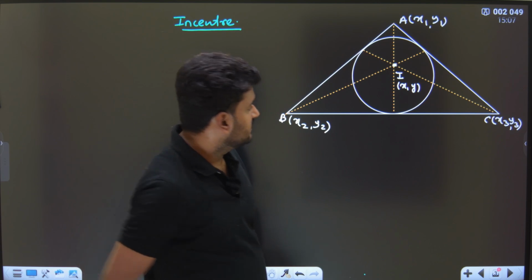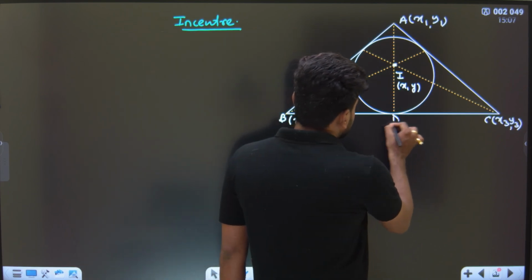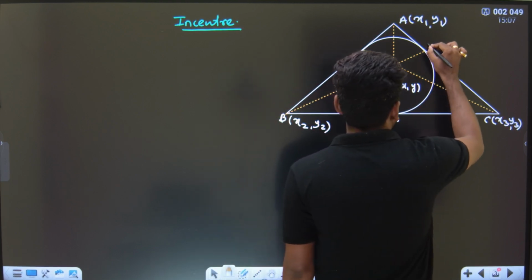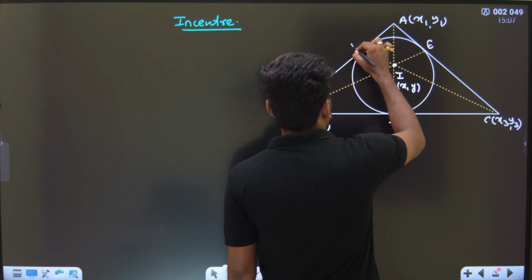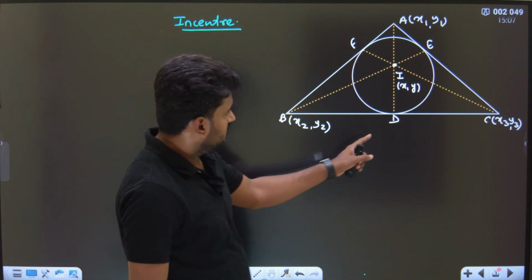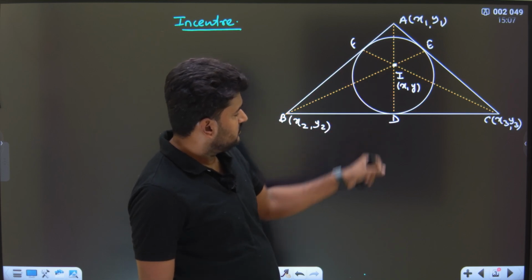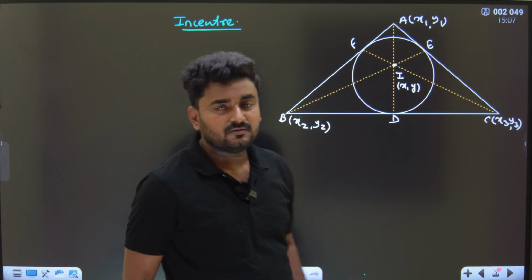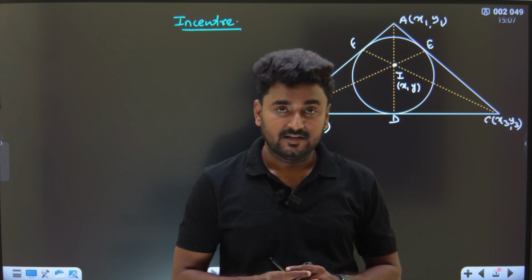For finding this I, suppose this is your D, this is your E, and this is your F. First of all we will try to reach I. Sir, how can we reach I?